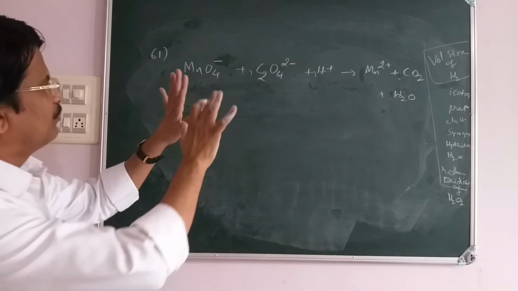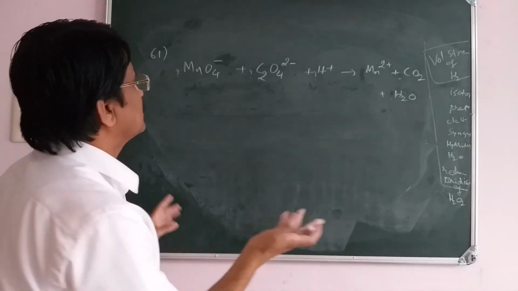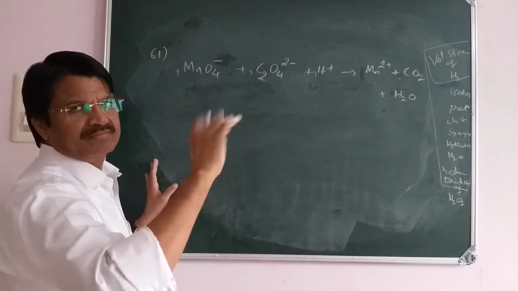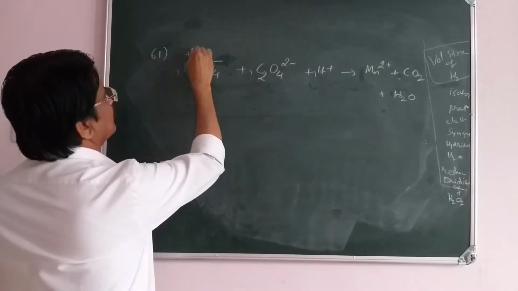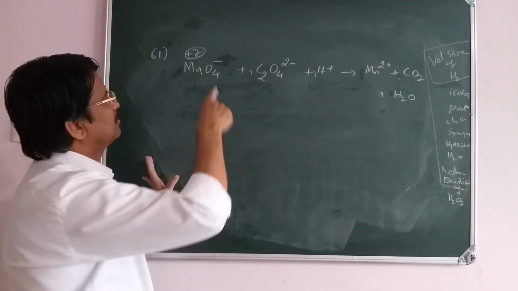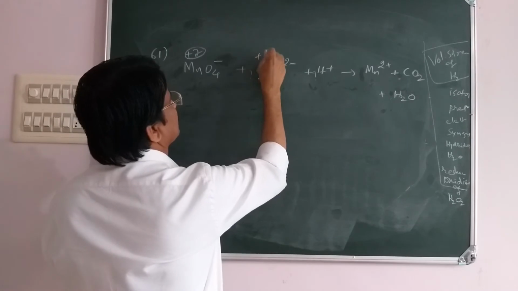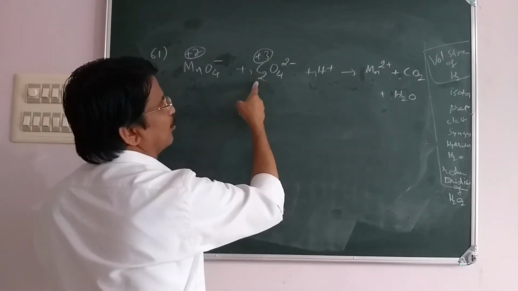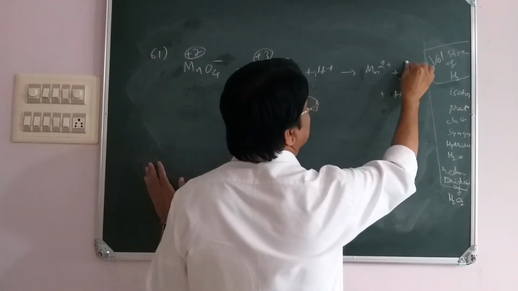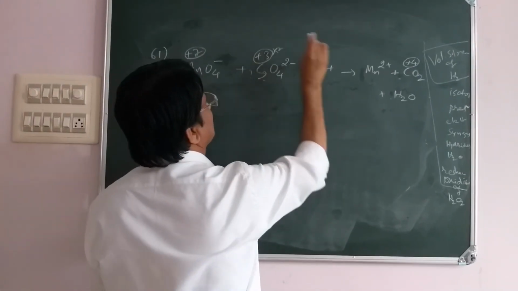And today I told how to find the coefficients or moles. It's again by writing the oxidation numbers. Mn is plus 7 going to plus 2, and in C2O4 2 minus, carbon is plus 3 going to plus 4 for 1 atom, here 2 atoms, so multiply by 2.